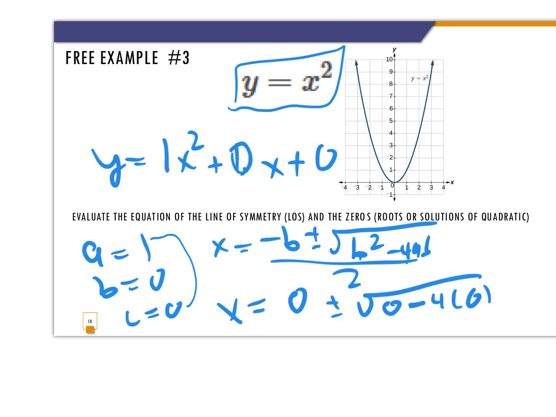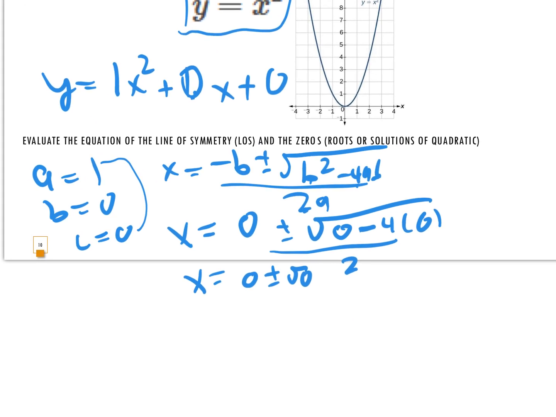That's all divided by 2a. 2 times 1 is 2. So x is 0 plus or minus the square root of 0, all divided by 2. Well, 0 plus or minus the square root of 0 is still 0, divided by 2 is still 0. Only has one answer, 0.